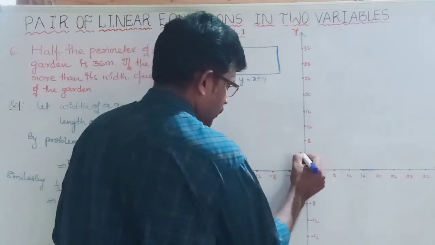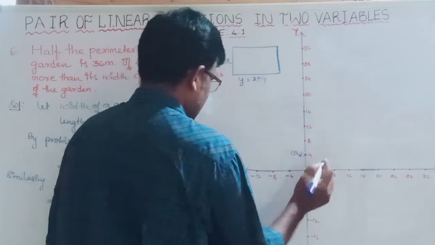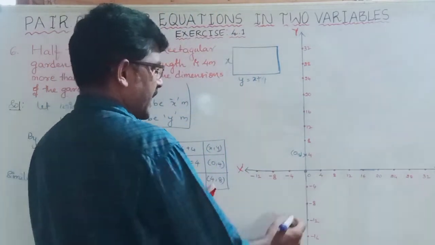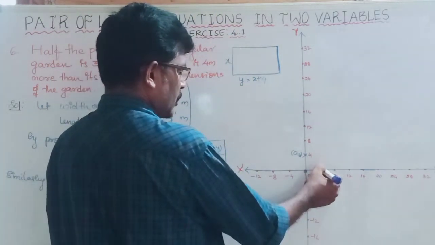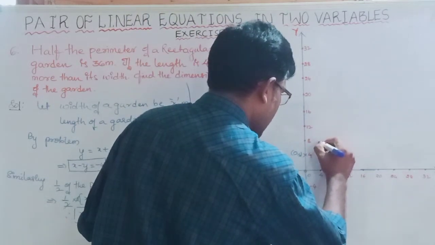Plot 0 comma 4. Then the next point 4 comma 8: x equals 4, y equals 8.